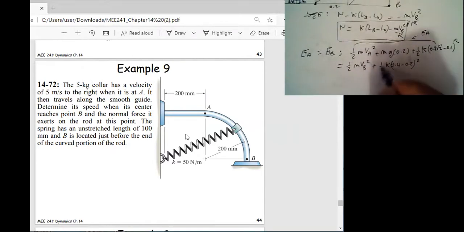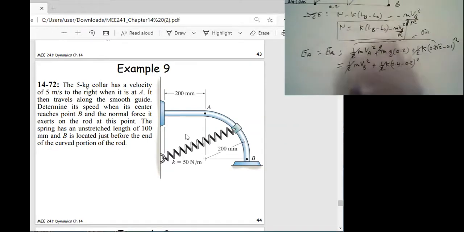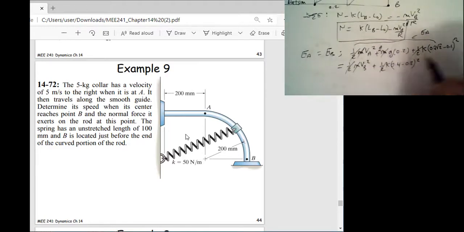So it might be a good idea to multiply everything by 2, and then I'm going to put it here. And we can also divide by m, so k will be over m.